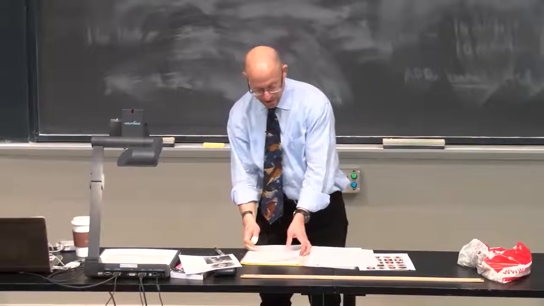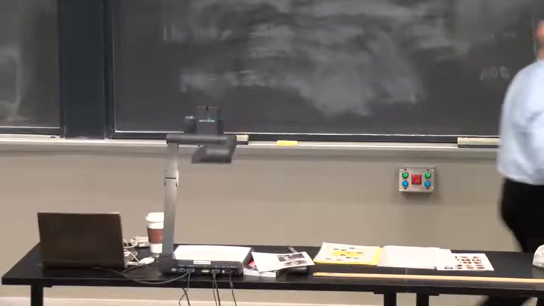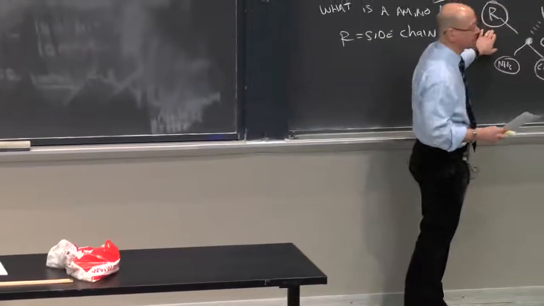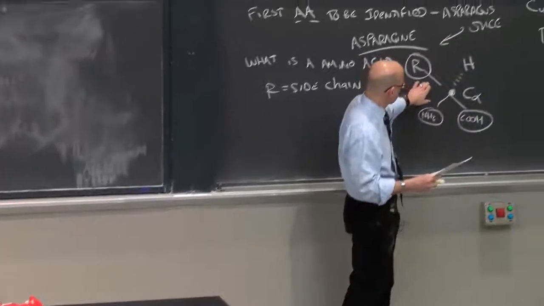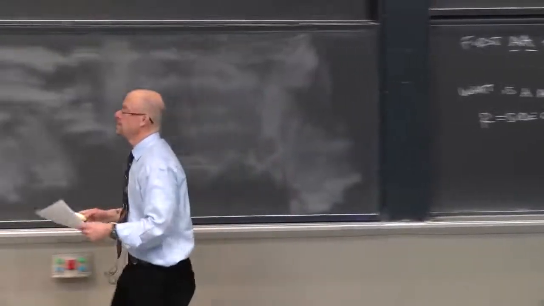Let's talk a little bit about stereochemistry. Now, you've all noticed, I'm sure, that this alpha carbon is chiral, depending on the R group, with the exception of one amino acid. This carbon is chiral, and as a result, we can have two isomers.